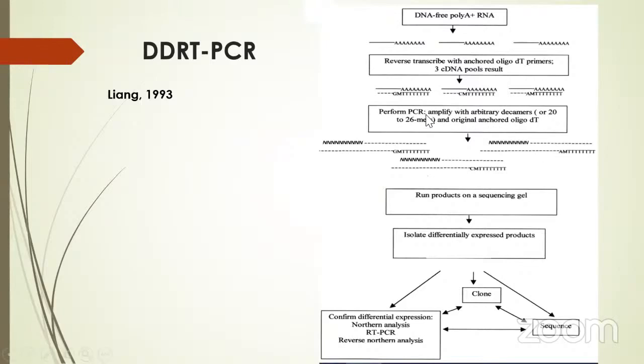That's why it is mentioned to perform the PCR with arbitrary decamers. Generally a decamer means 10 nucleotides, or maybe you can go for 20-mer or 25-mer, 26-mer. This is because we don't know the end sequences of the cDNA. So after amplifying, we are using random decamers. Now we have resolved it in the gel, and we will go for sequencing. This is the differential display PCR.